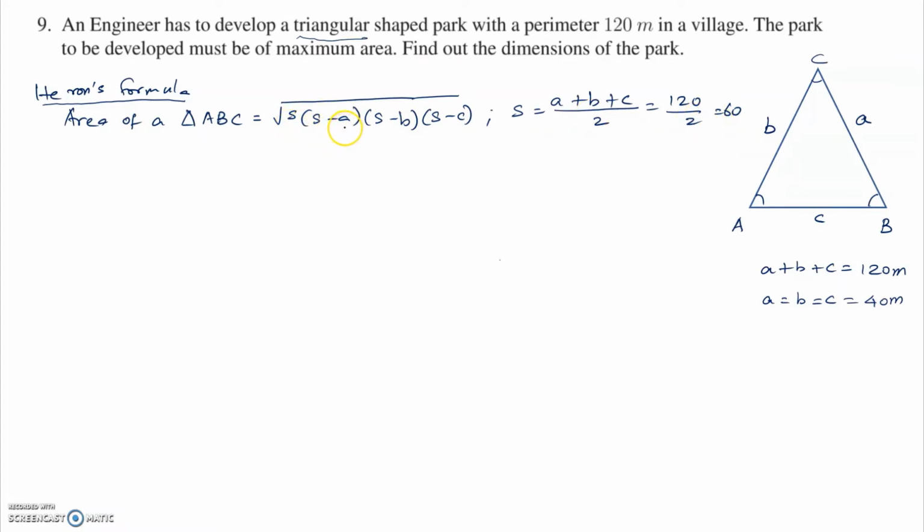The only thing that can vary is your A, B, and C, which means these three values can change.